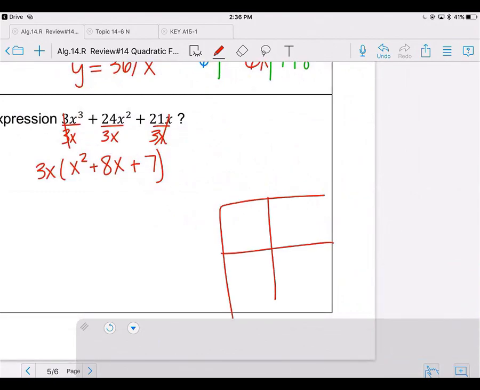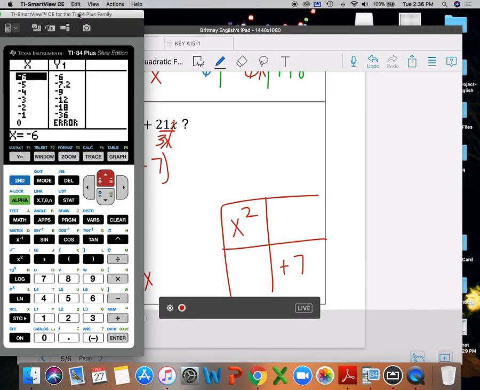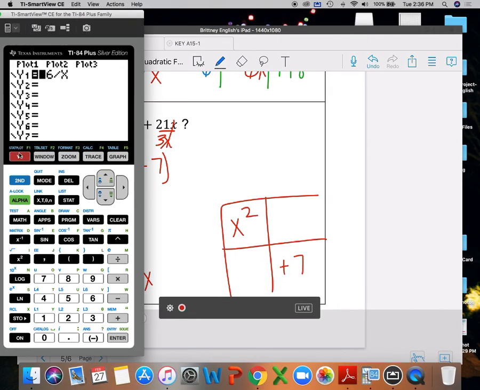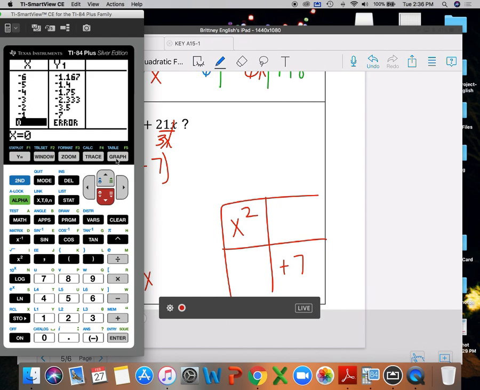I use the box. So x squared plus 7, my product is 7x squared. My sum is 8x. So in y equals, I put 7 divided by x, and I am looking for a positive 8. 1 plus 7 would get me a positive 8.